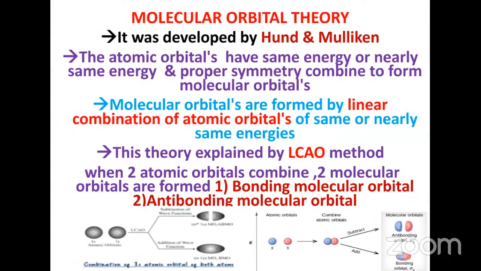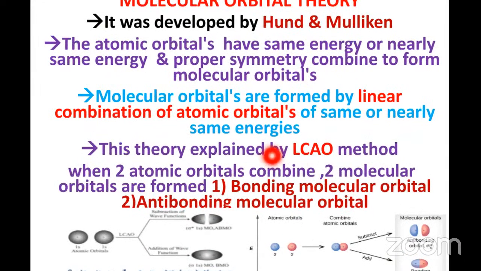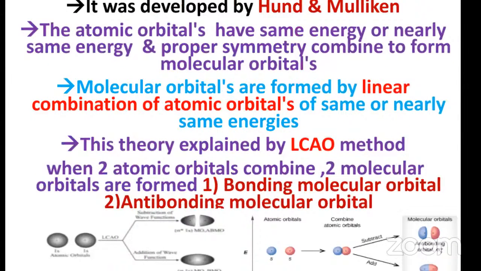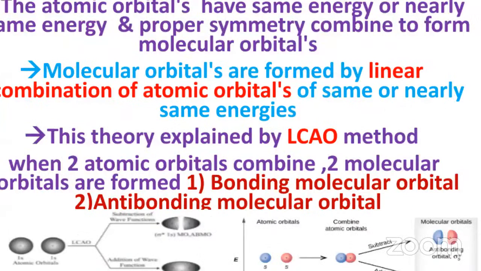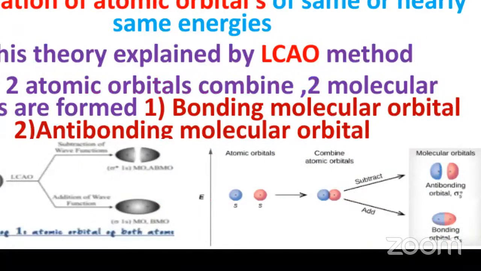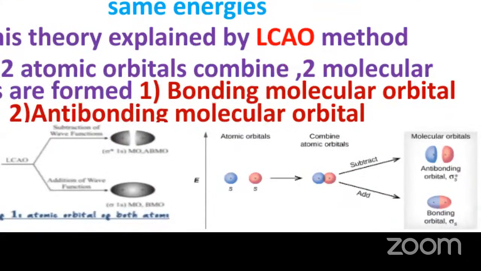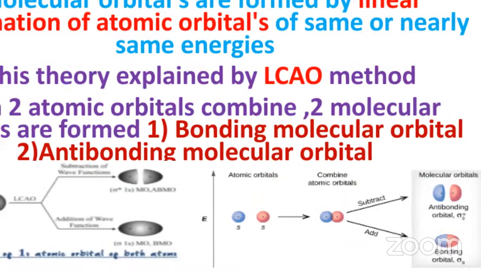When two atomic orbitals combine, they form two molecular orbitals: a bonding molecular orbital and an anti-bonding molecular orbital. These are the atomic orbitals combined to form molecular orbitals. This is the anti-bonding molecular orbital and this is the bonding molecular orbital.